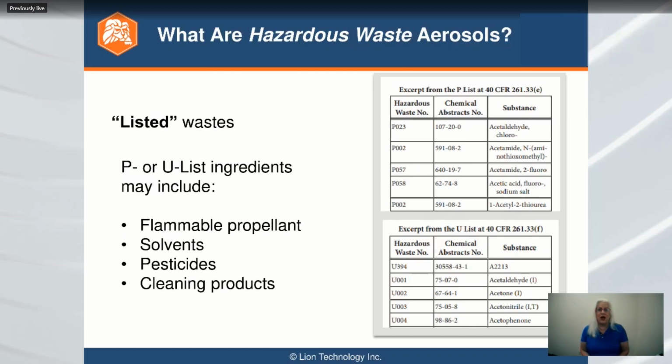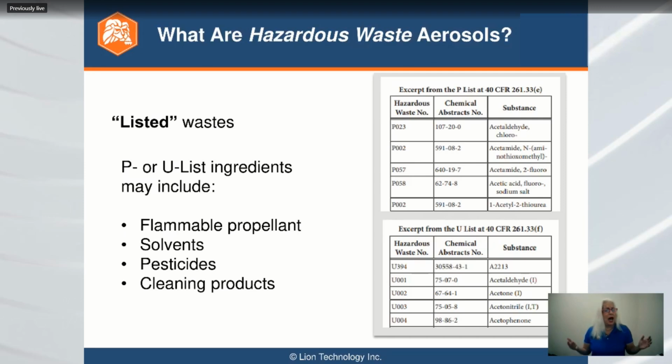Then we have some examples here for you of things that might be a listed hazardous waste, a P or U. We have some flammable propellants. I wrote down a list here of some of the flammable propellants for you. The flammable propellants are mostly ignitable, right? They can be things like butane, propane, that type of thing.